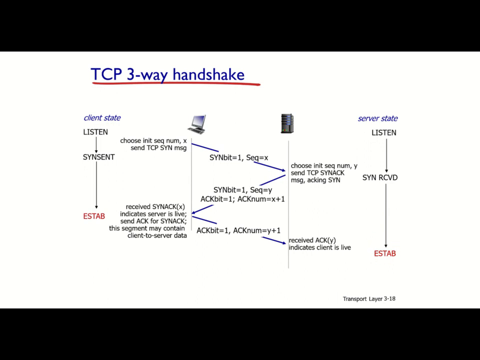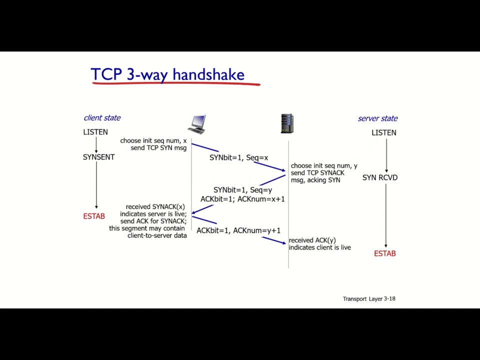The first thing is done by the client when it chooses the initial sequence number X, for example, and sends the TCP SYN message. That's a special message, a synchronization message. There's a SYN bit in the header that you have to set to 1, so that it means that message is a SYN message.